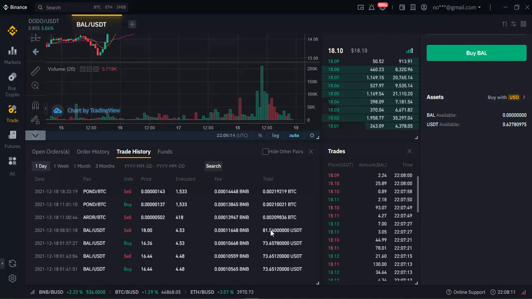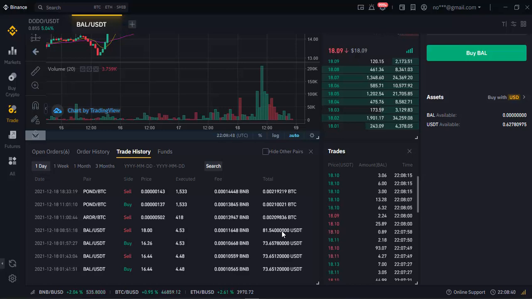But first of all, before, we bought at the price of 16.26 USDT, and then we sold it at 18 USDT. We bought it with a total of 73.65 USDT, and then we sold it at a total of 81.54 USDT.